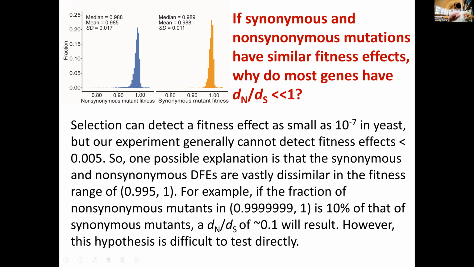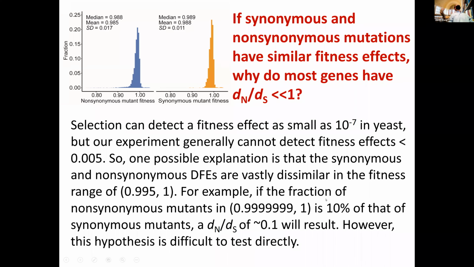For yeast, effective population size is 10 to the 7th, so anything with fitness lower than 0.99999 would be deleterious and selected against. If in this neutral range the fraction of non-synonymous mutations is 10% of the fraction of synonymous mutations, then we will observe a dN/dS ratio of 0.1. But whether that's the case in this range, our method cannot tell.